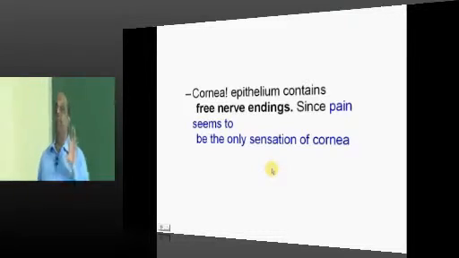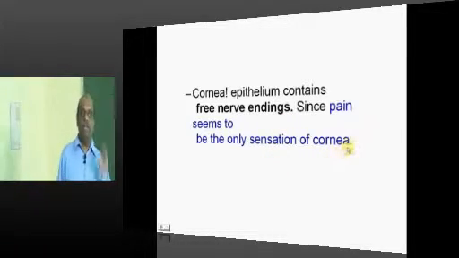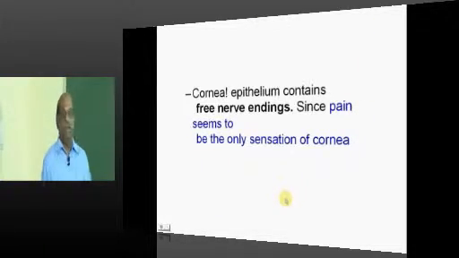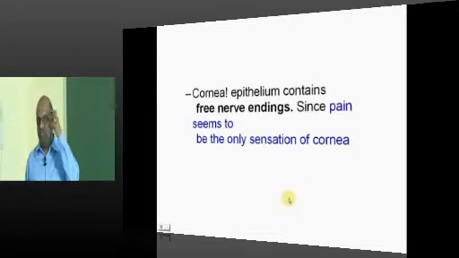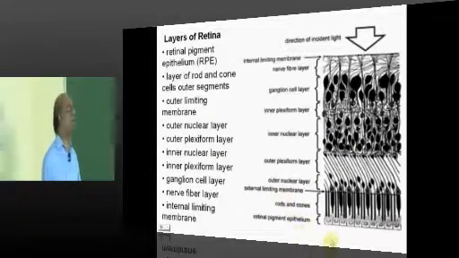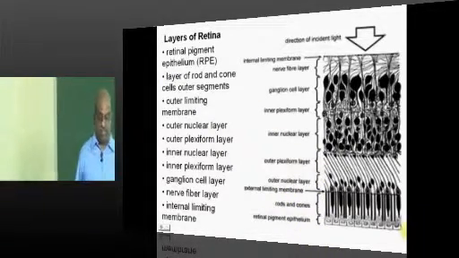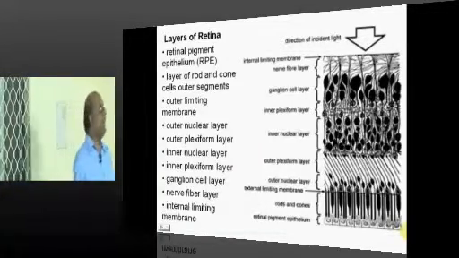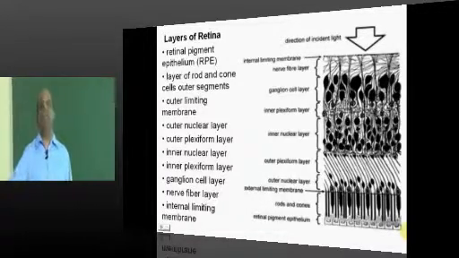Cornea has got the free nerve endings, and it is basically innervated by fifth cranial nerve, trigeminal. So there is a reason pain is felt by the cornea through the free nerve endings. The next important issue asked frequently is, what are the layers of retina?